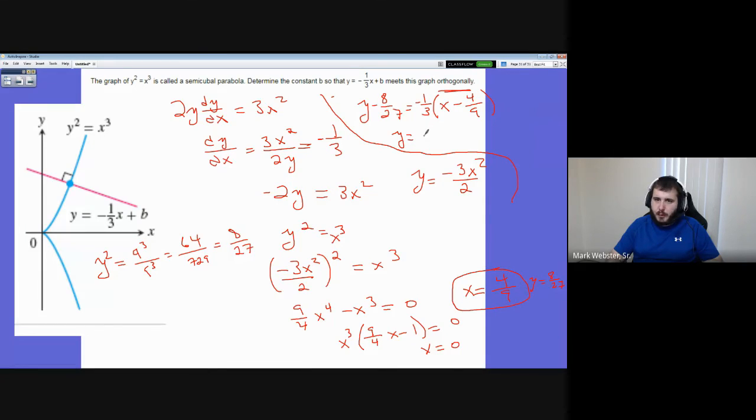Distribute this, we get negative 1/3 x plus 4/27 plus 8/27 plus 12/27, which you could simplify to 4/9, right? If you go through, that should be b, your y-intercept. Final answer there.